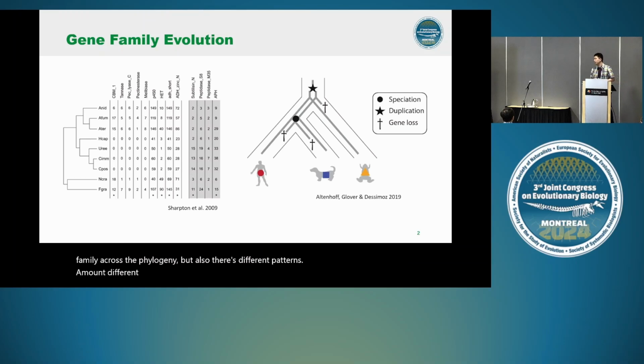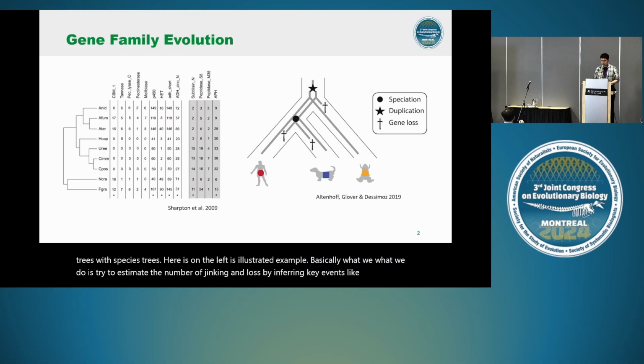So one strategy to study this evolution is by reconciling gene trees with species trees. Here on the left is an illustrated example. Basically, what we do is try to estimate the number of gene gains and losses by inferring key events like speciation, duplication, and gene loss.